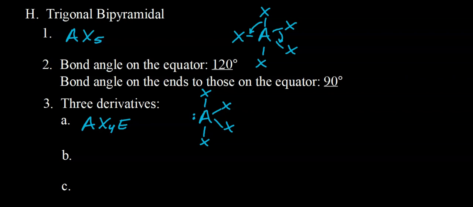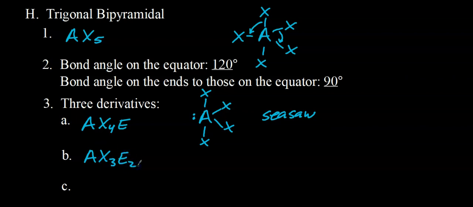So AX4E has a trigonal bipyramidal electron geometry, and the molecular geometry is known as seesaw. I hope that's in your book. Your book actually calls it irregular tetrahedron. I prefer seesaw.